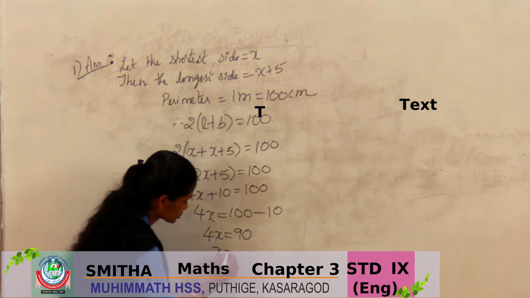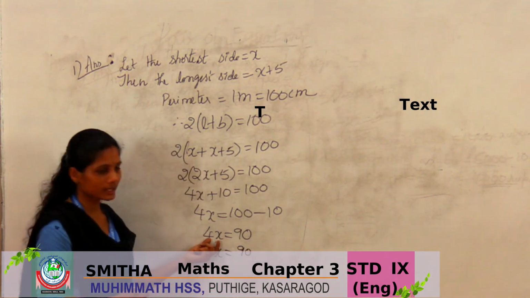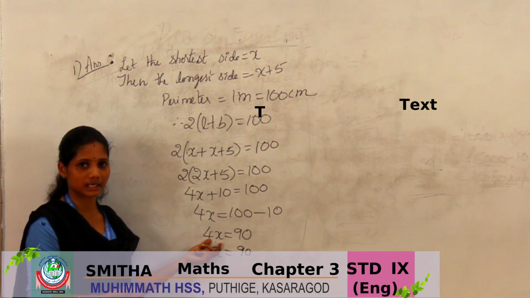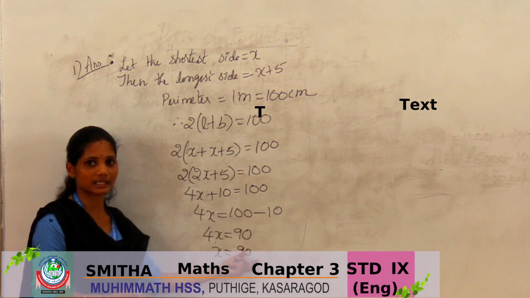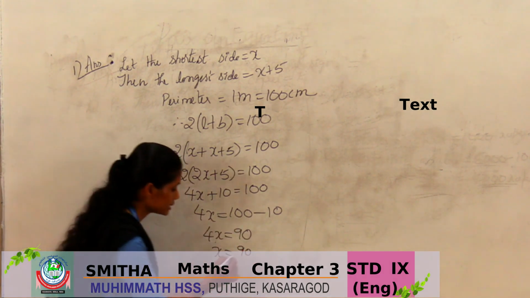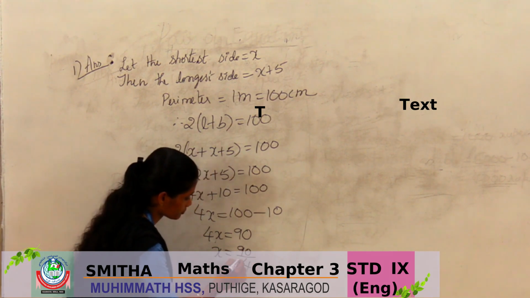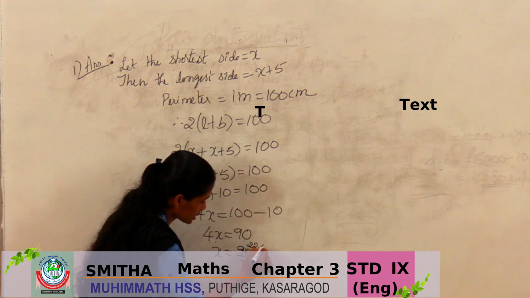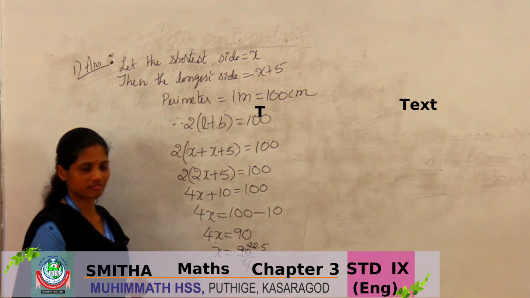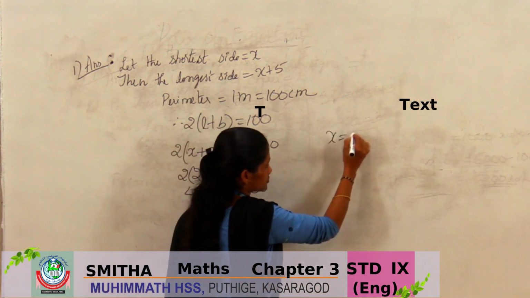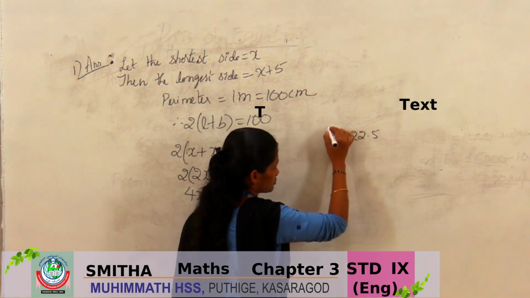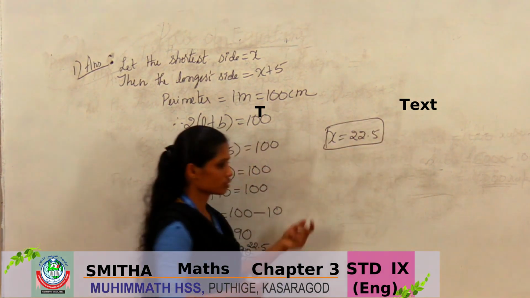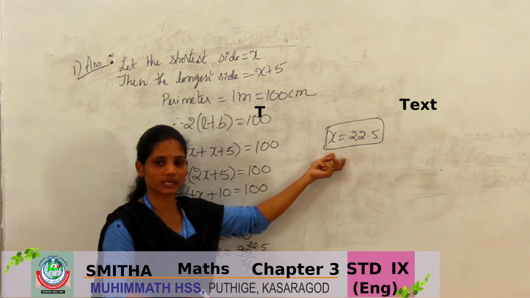X is equal to 90 over 4. Look at the 4, it is multiplied here. So when you transpose it to the right hand side, it becomes division. 90 divided by 4. 4 2s are 8, 1 carry, 4 2s are 8, then 0.5. So we got the value of x as 22.5.